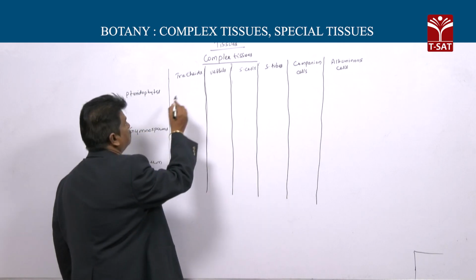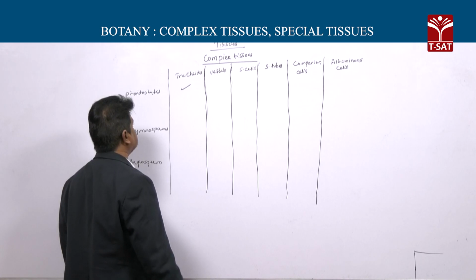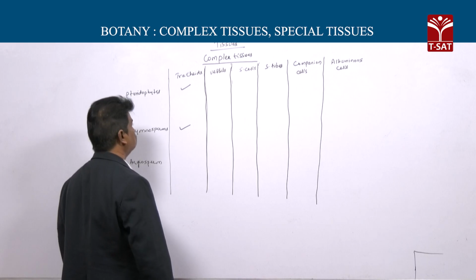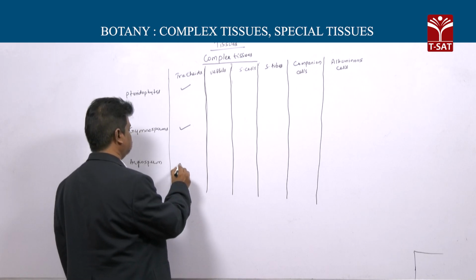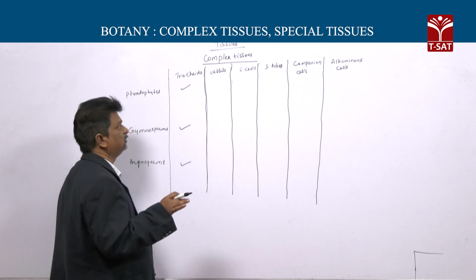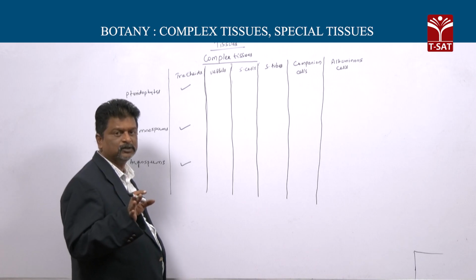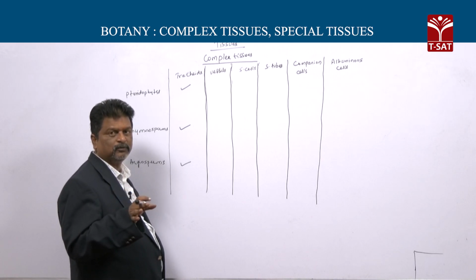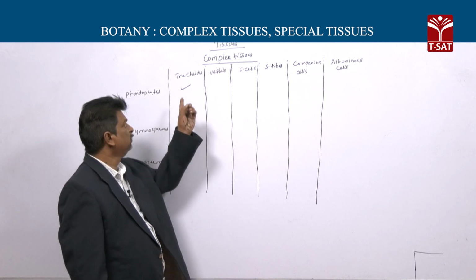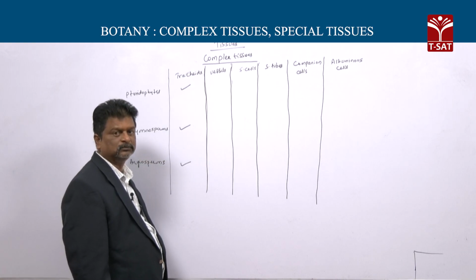So first one, tracheids, present in pteridophytes, present even in gymnosperms, and present even in angiosperms. It means these are the only conducting cells present in all tracheophytes or all vascular plants. Primitive conducting cells are tracheids.